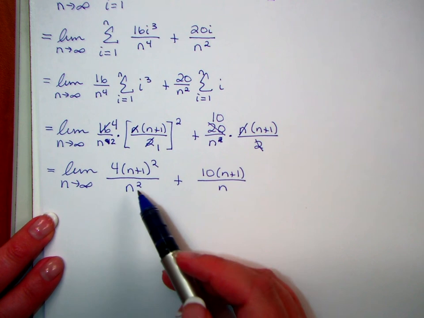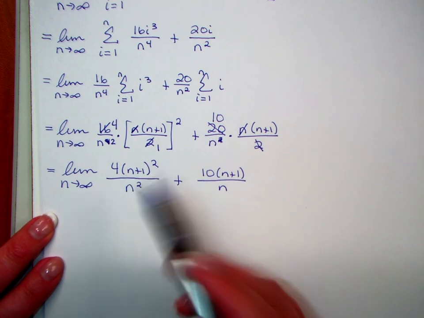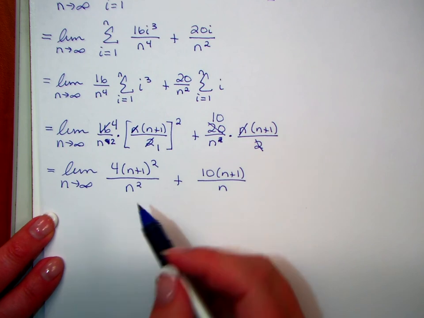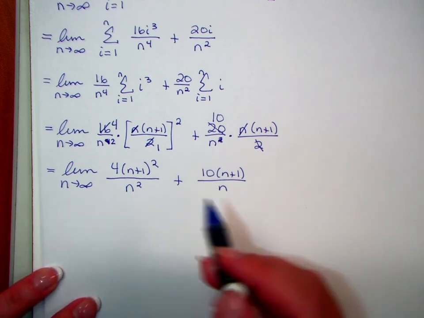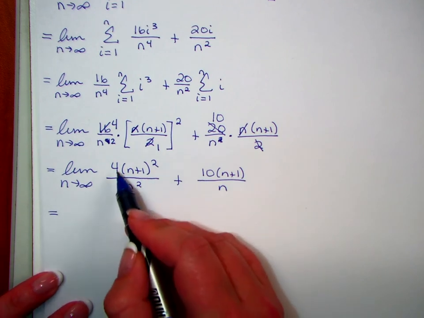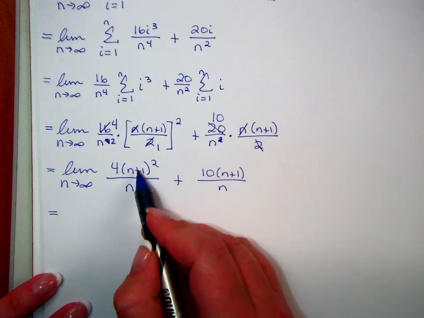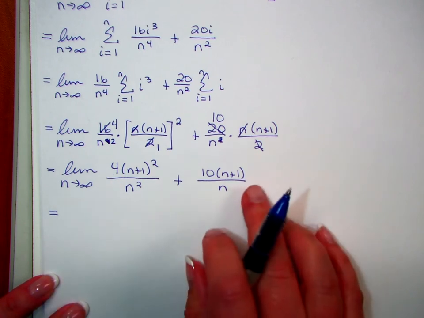All right. What's the highest power of the first fraction? We got an n squared over an n squared. If they're the same power, guys, the n squareds are going to cancel out and you're left with 4 over 1. Same thing here.